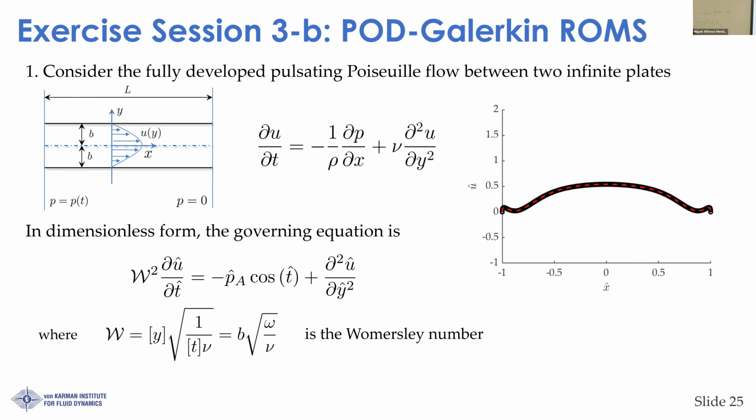Now, to do that, we will need a way to discretize this term and a way to discretize that term. Let's begin with this one. If I use a central difference discretization, what will this be?